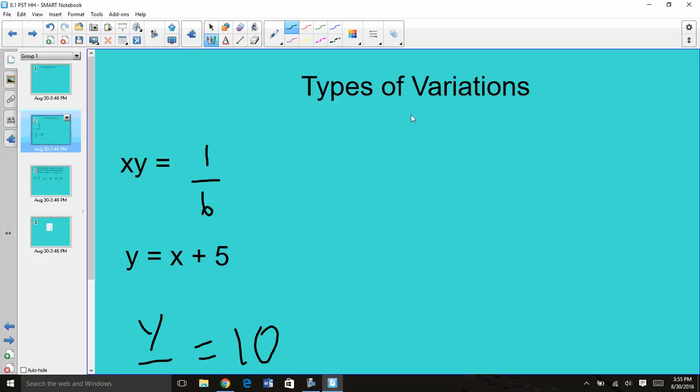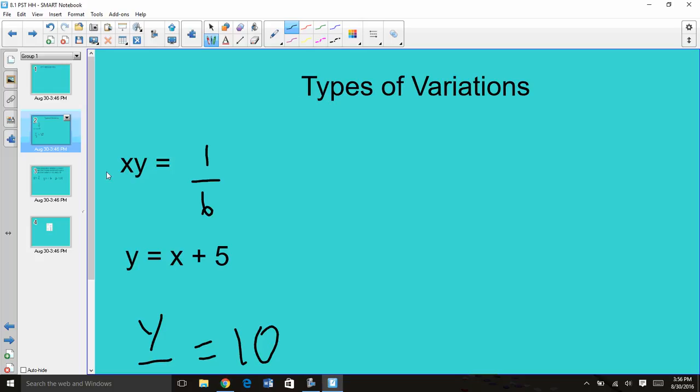So if you remember back to class, we talked about how to set it up. And the first one we can see we have x times y equals 1/6. So looking at this, you might think, hey, this is a direct variation. Well, no, because we need to have y by itself on the left side.